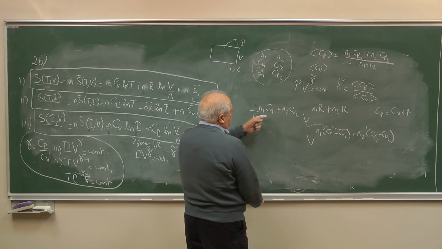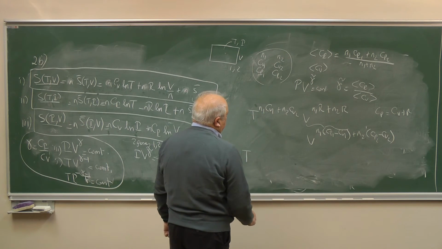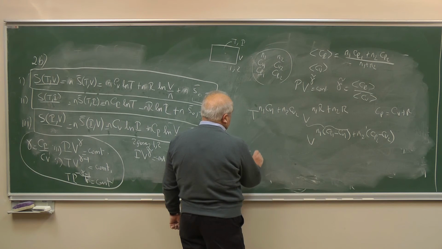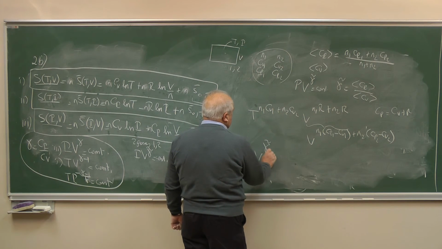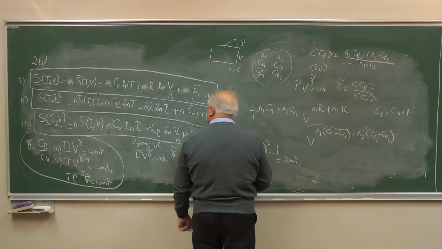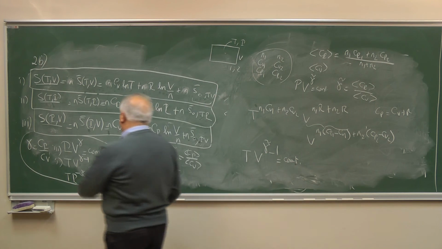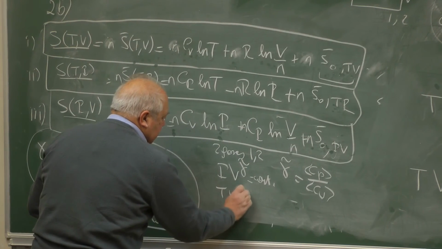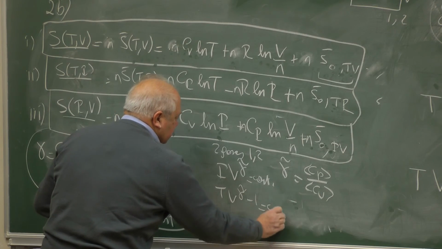So we take this root. What do we get? We get T V^(gamma tilde minus 1) is equal to a constant. Like this one again, T V^(gamma tilde minus 1) is equal to a constant.